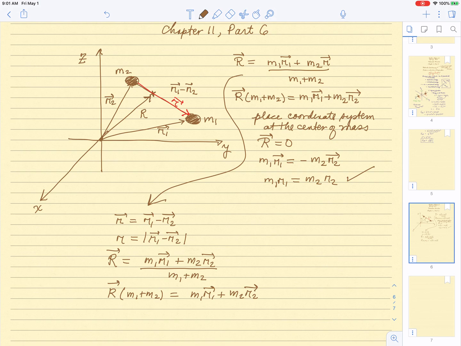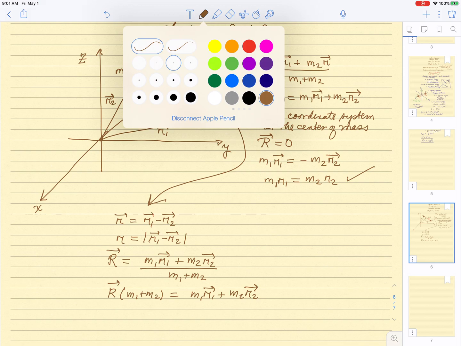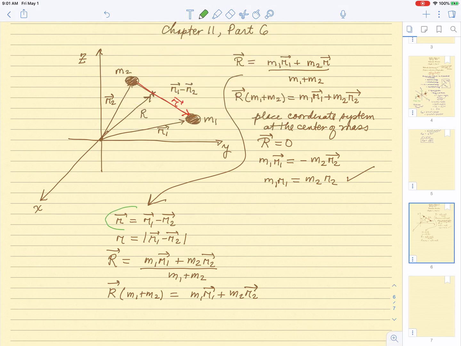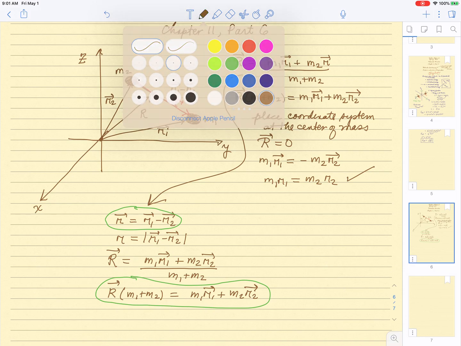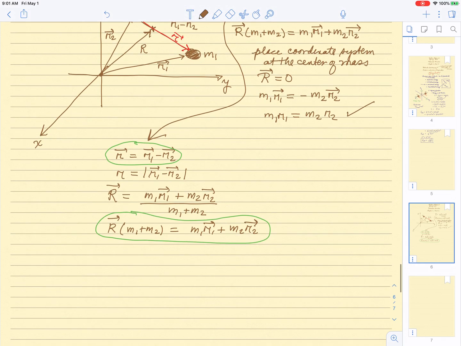Okay, beautiful. So what we can do here now is we can use this and this to either eliminate R1 or R2. So let's proceed to do that, right?